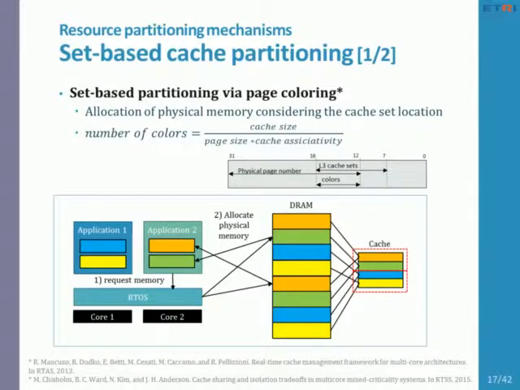As shown in this figure, data belonging to this yellow color can only be cached to the cache sets of the same color. So when an application requests memory, the operating system allocates physical memory considering this color. As a result, the L3 cache is partitioned for each application.